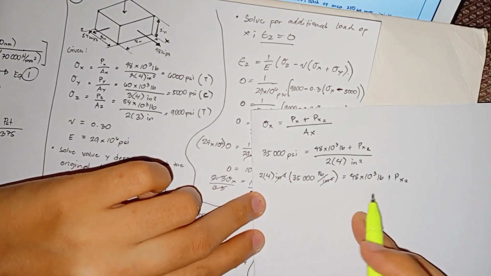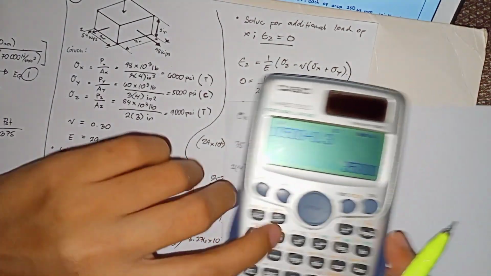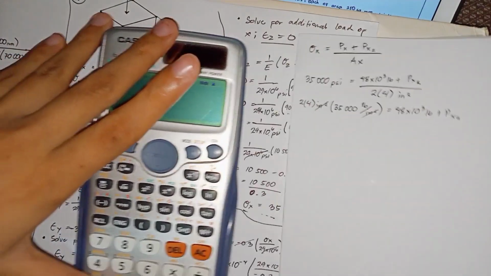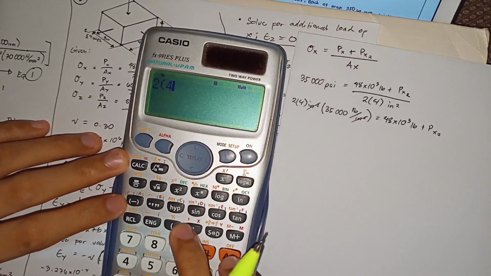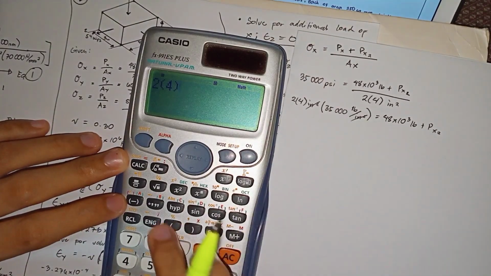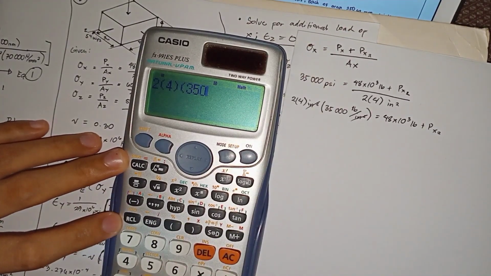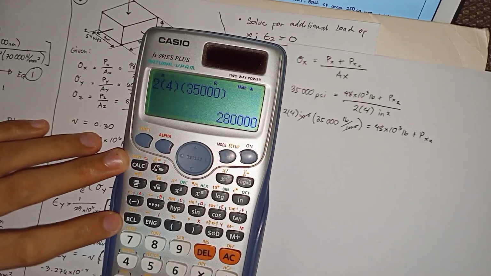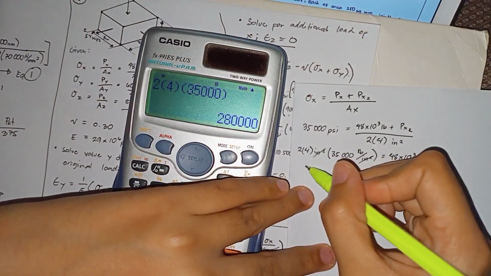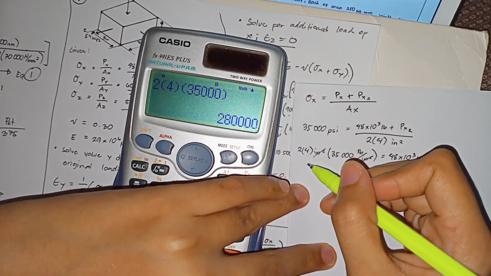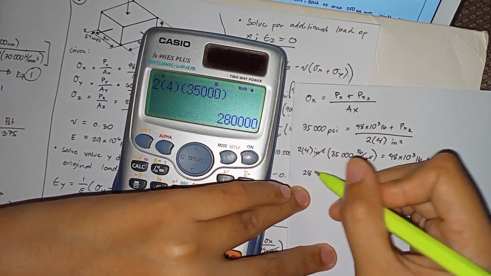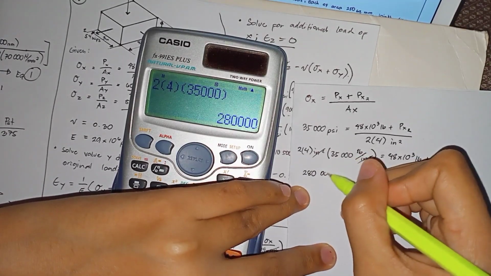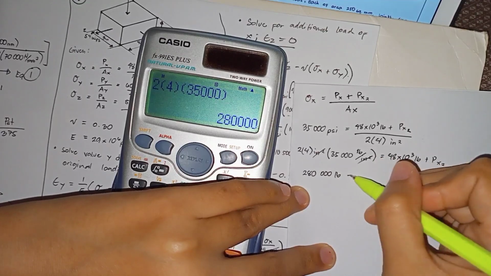Okay. So, simplify muna natin to para maging maliit na lang yung nakalagay dito. So, 2 times 4, times 35,000. So, meron tayong 280,000 pounds.